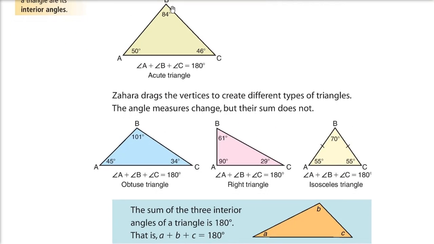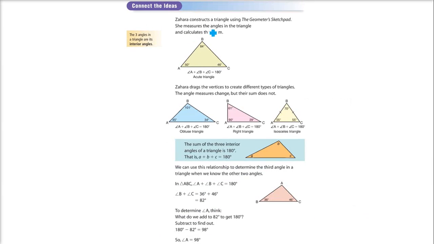Now she tried to change it, or you can say she dragged the vertices. She brought this vertex here and made another triangle like this. She dragged this one here, so she made another triangle. And when she added the three angles, it came to be 180 degrees always.